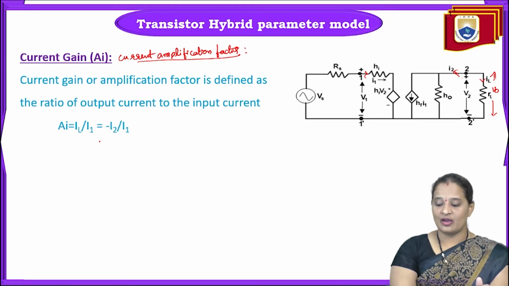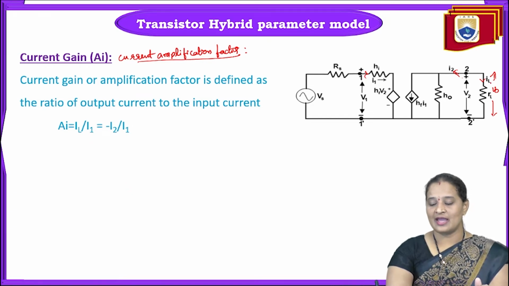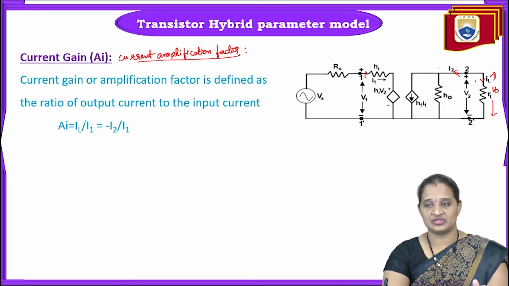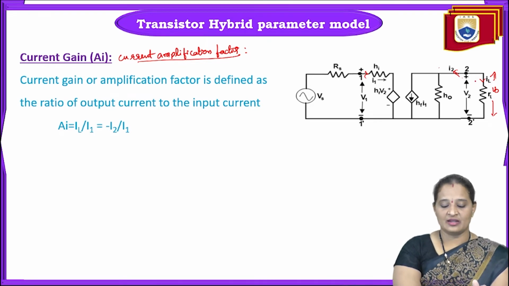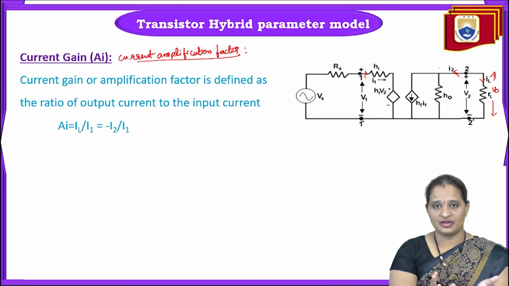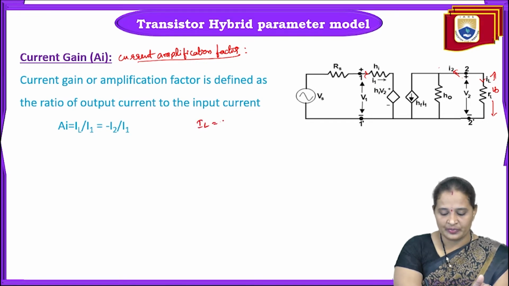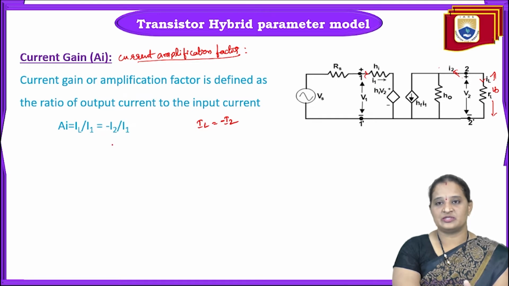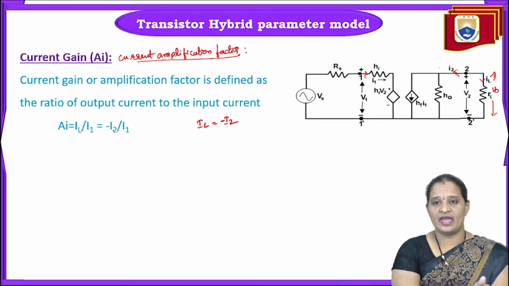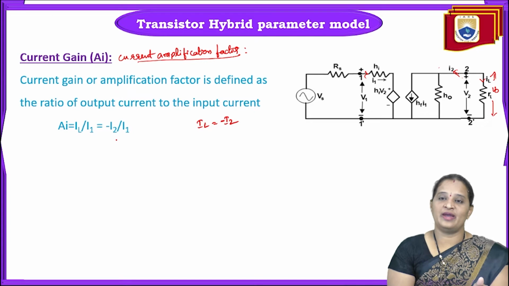As I already told you, IL and I2 are in opposite directions, so both are equal in magnitude but opposite. So IL is equal to minus I2. I can substitute this in the equation, so AI now becomes minus I2 by I1.